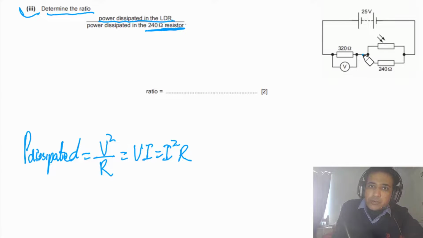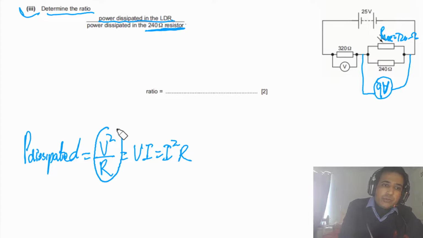But if you look at this question, we have the PD across these two resistors, that is equal to 9 volts, and we also have their resistance. The resistance of the LDR we have calculated, that was equal to 720 ohms. So we will be using this equation. And so simply we can write the ratio between these two.